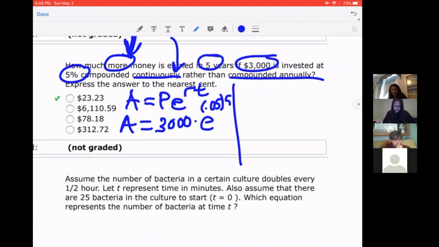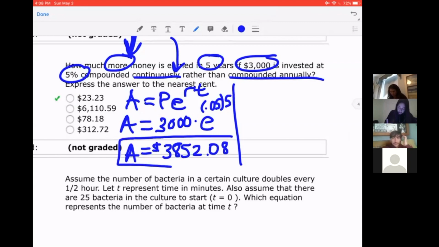Okay, so that's it for my compounded continuously formula. All right, so let me put all of that in. 3,000 times e to the power of 0.05 times 5. All right, so I end up with, and they say to the nearest cent, 3852.08. All right, so this is how much money I make if I compound continuously.